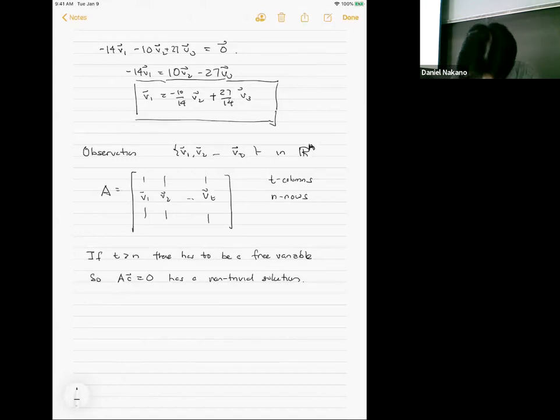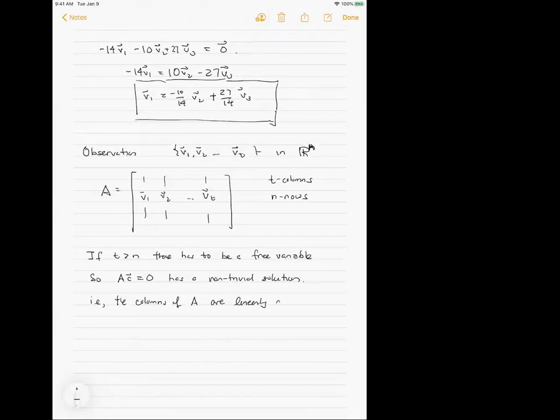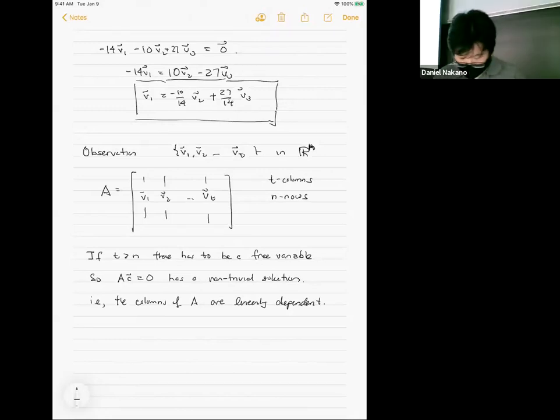I.e., the columns of A are linearly independent or dependent? Dependent. Okay. All right, so that's the theorem.